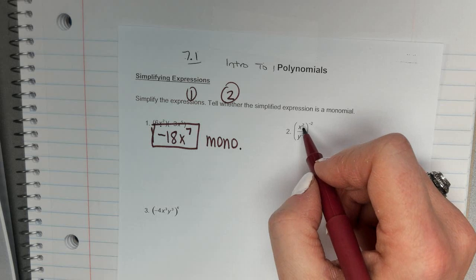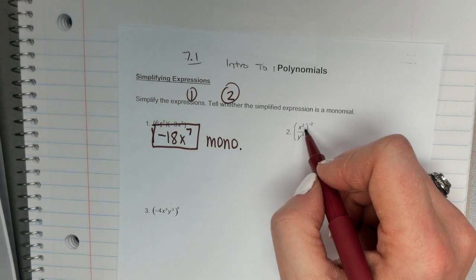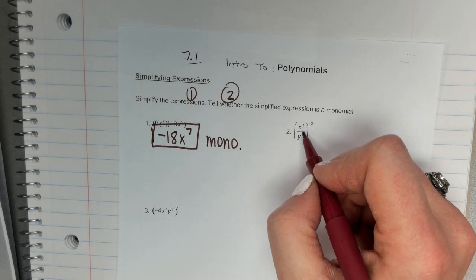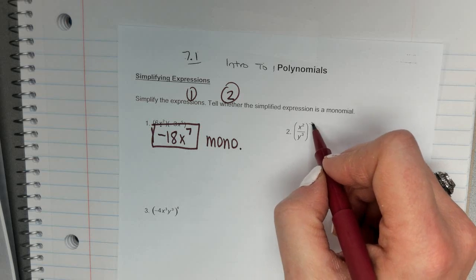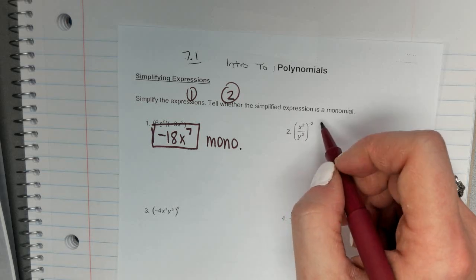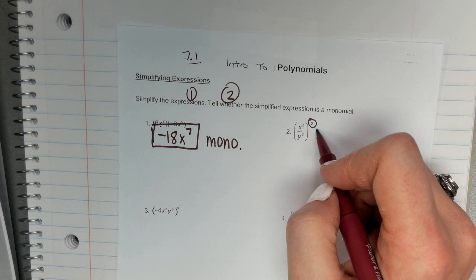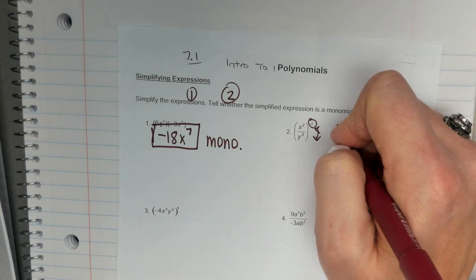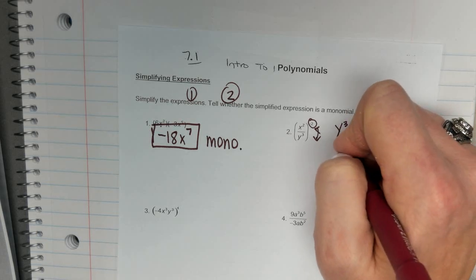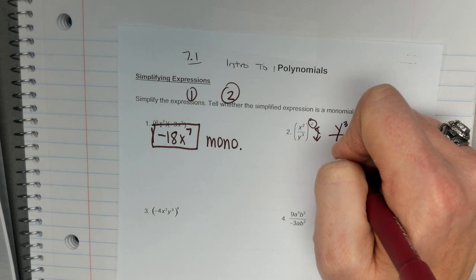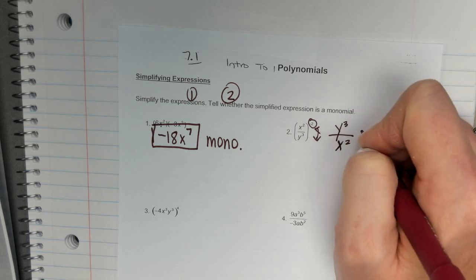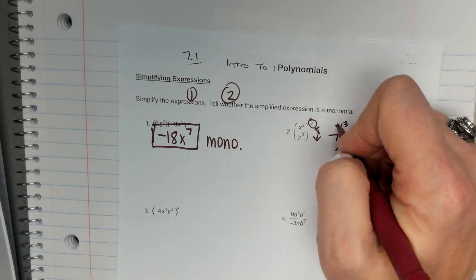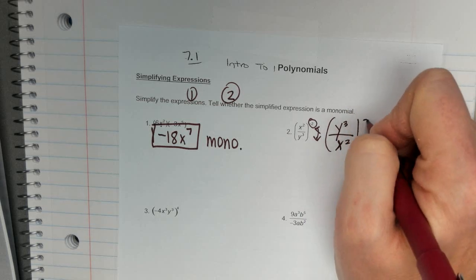Alright, we have x squared over y to the 3rd, all to the negative 2. Well, since it's a negative, we're going to flip this fraction to make the exponent positive. So we're going to end up with y to the 3rd over x squared, all of that to the 2nd power.